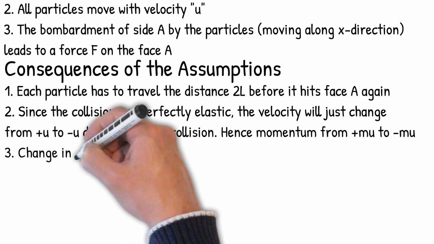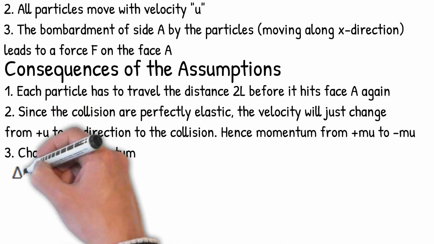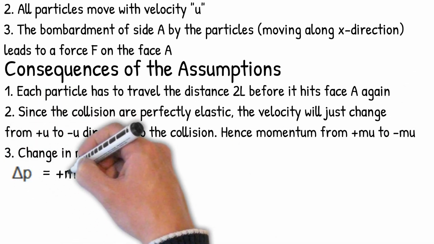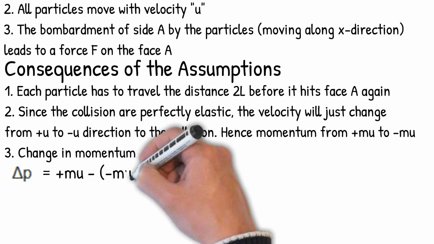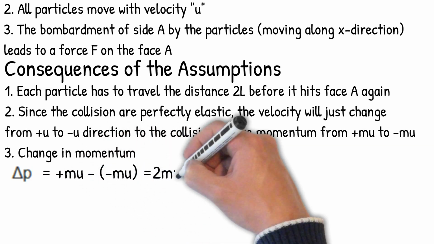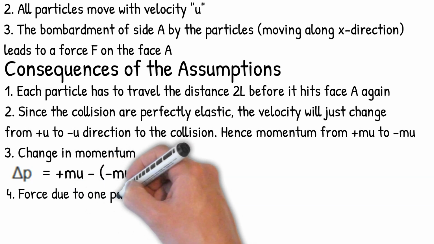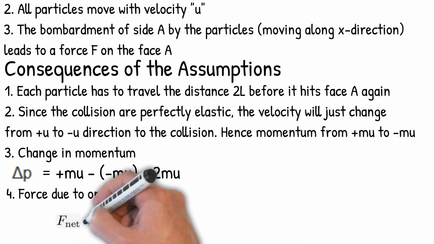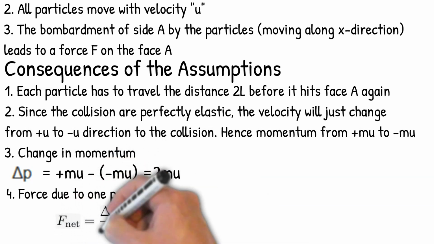Number 3. Change in momentum equals positive mu minus negative mu, which equals 2mu. Force due to one particle. F net equals change in momentum over change in time.